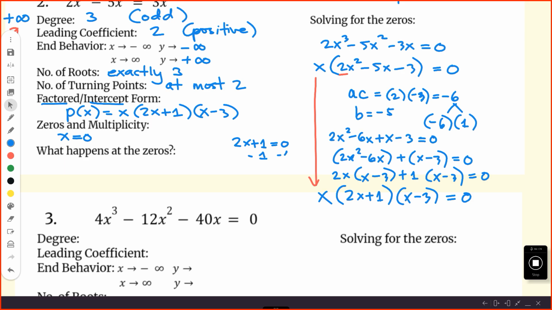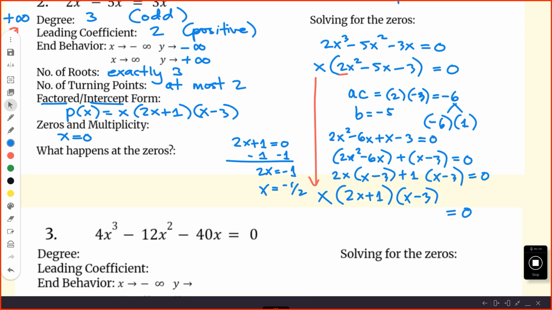So subtract by 1, and then that's 2x equals negative 1, and then divide by 2, so negative 1/2. Right. So x is equal to negative 1/2 if we got 2x plus 1 as a factor. And then what's the last one? Positive 3. Okay, x equals 3.